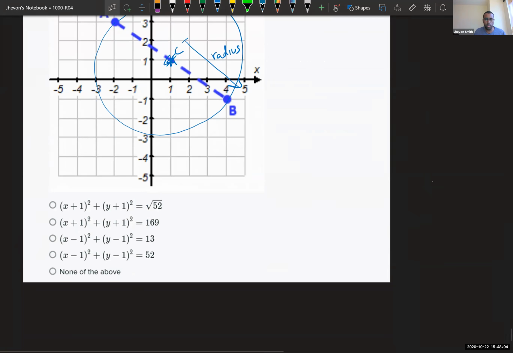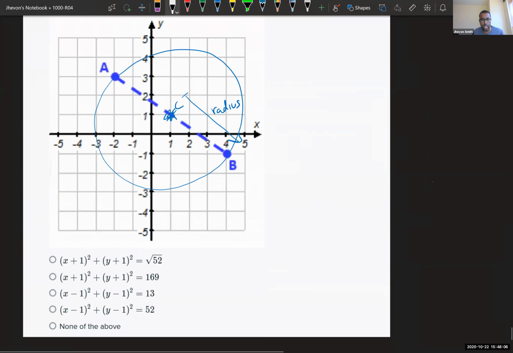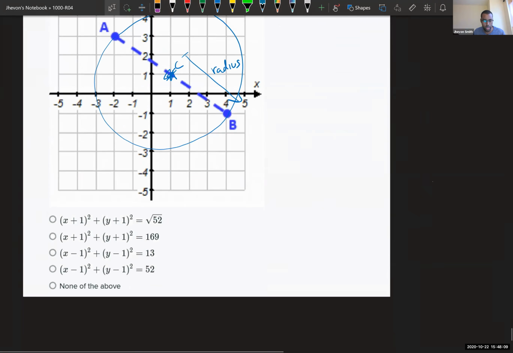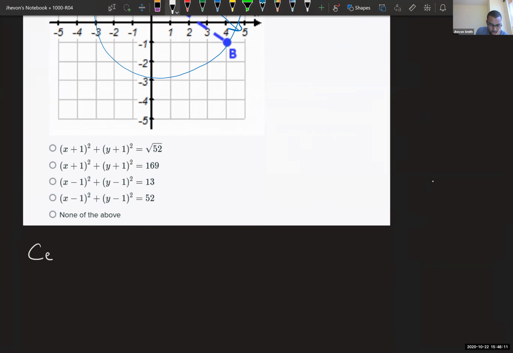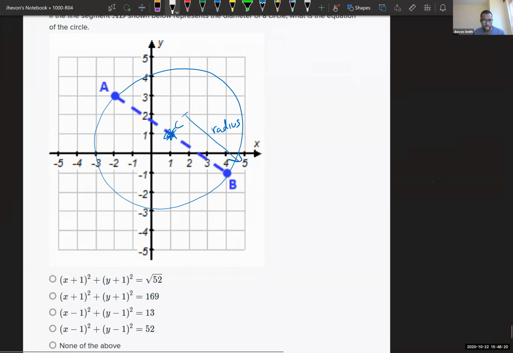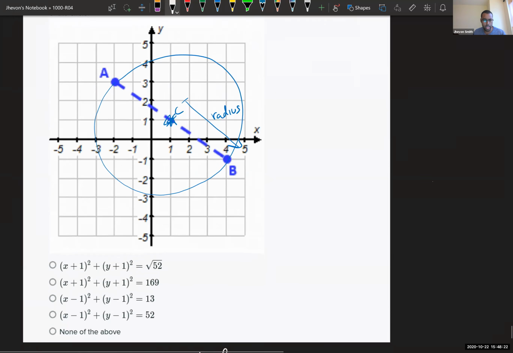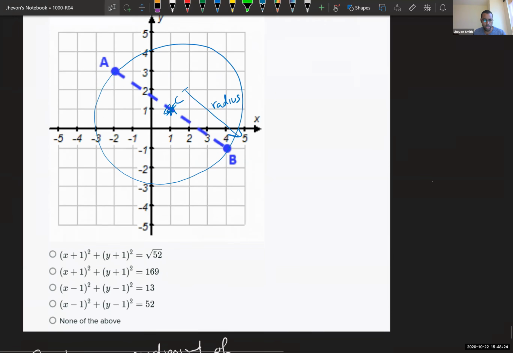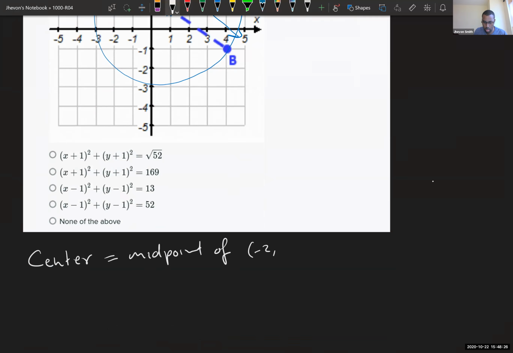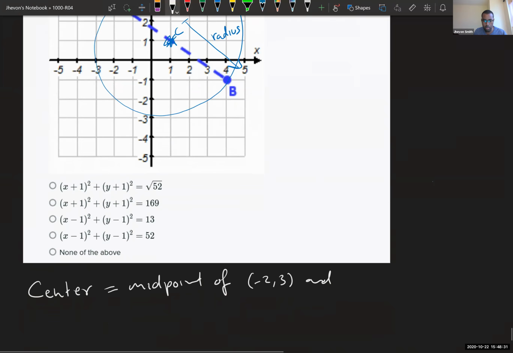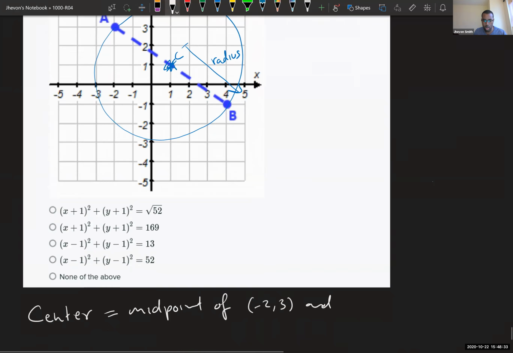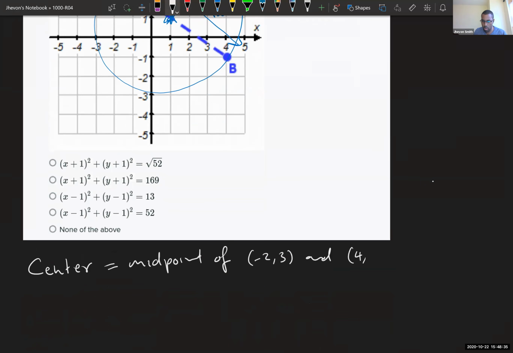At this point, you would know that the center is just the midpoint of the given points. A is -2, 3, and B is 4, -1.